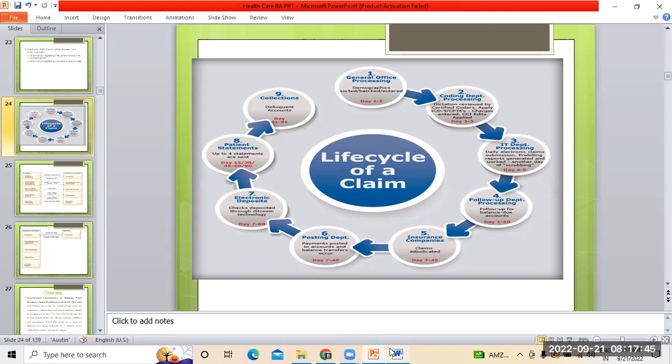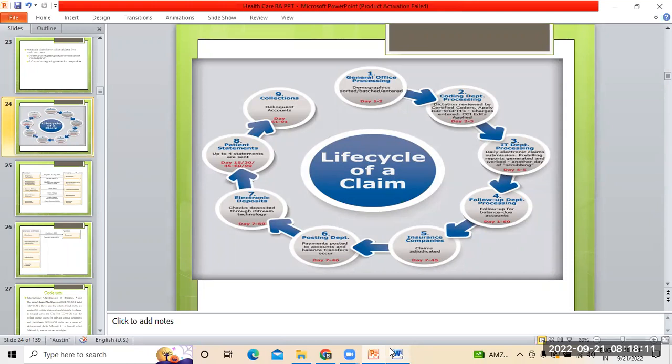For the type of services, the type of insurance claim, followed by the type of insurance that person has, there are medical coding people who write codes for the process, because for every process there is a code which has to be generated by the medical coding team.